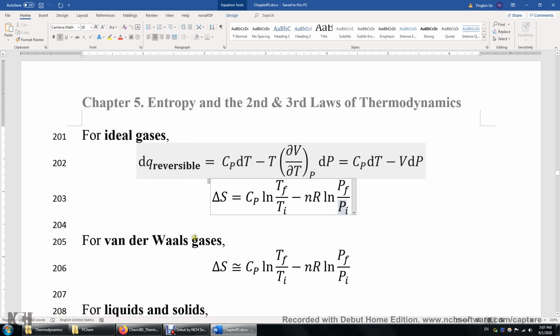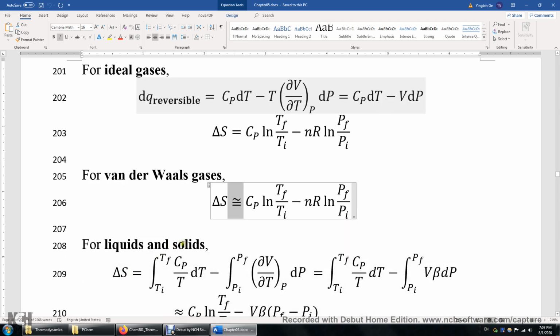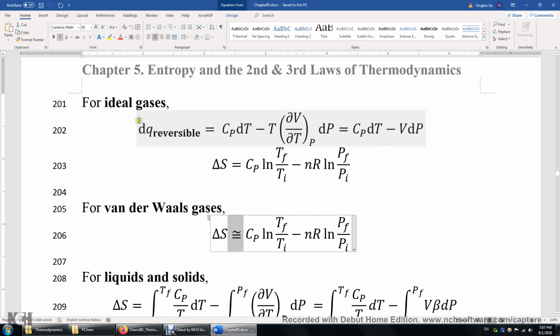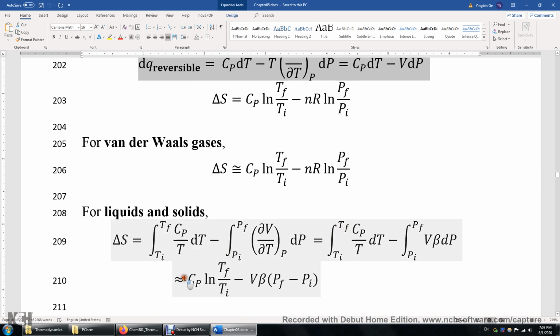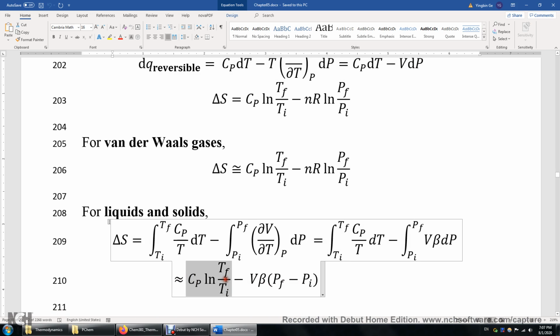For a van der Waals gas, this equation holds approximately. So I put an approximate equal sign here. For liquids and solids, again, we'll use this expression and plug it into the integral of dq reversible over T. So the result is simple. Again, it's Cp times the logarithm of T final over T initial. But how do we integrate this part? Well, if you recall the definition of beta, beta is the isobaric thermal expansion coefficient.